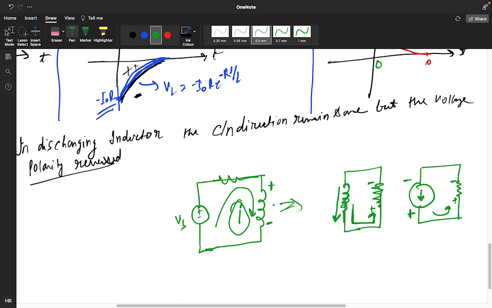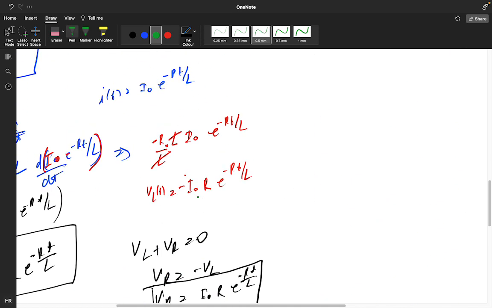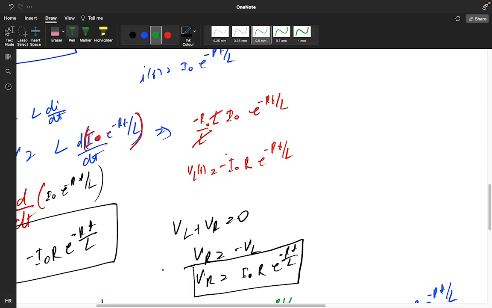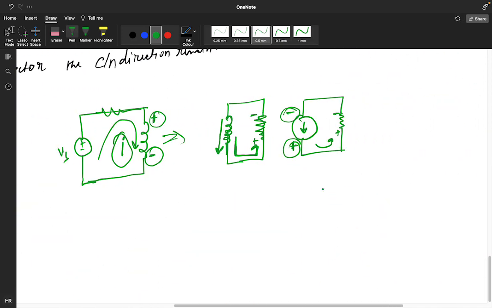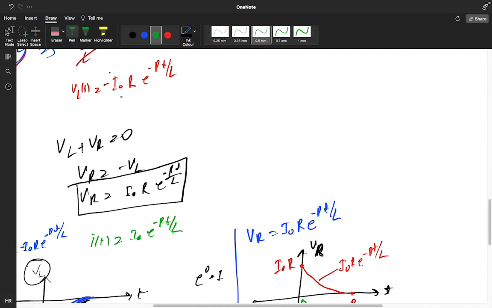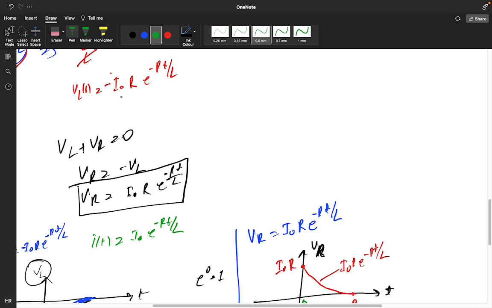So earlier the polarity was positive here, negative here. Now the polarity is positive, negative. So you don't confuse, you don't need to change this polarity, just do like this only, and you will get the answer in a correct way. I will show you while we do the numerical.